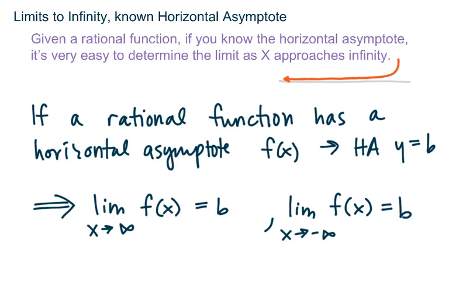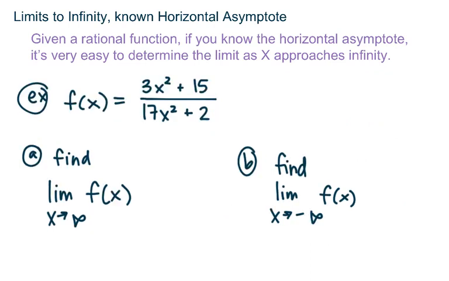All right, so let's just look at two quick examples. In this example, we're given a function, 3x squared plus 15 divided by the quantity 17x squared plus 2. And we're asked to find the limit of this function as x approaches both positive infinity and then part B, negative infinity. So what we know, looking at this function, is that we will have a horizontal asymptote.